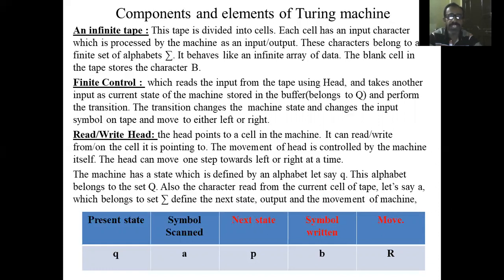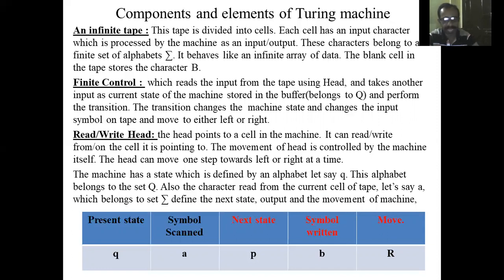It changes the input symbol on the tape to another symbol based on requirement, and the state may or may not be changed based on the problem, and the header moves either left or right. So what is the use of the read write header? It is used for reading the information, and sometimes, based on requirement, writing information, or sometimes we may leave the information as is and move left or right.